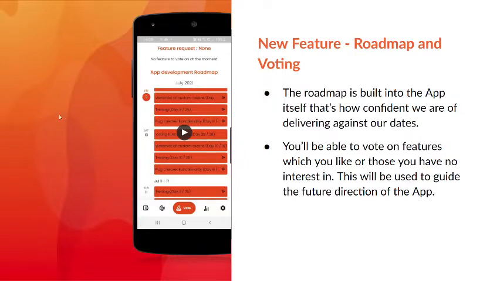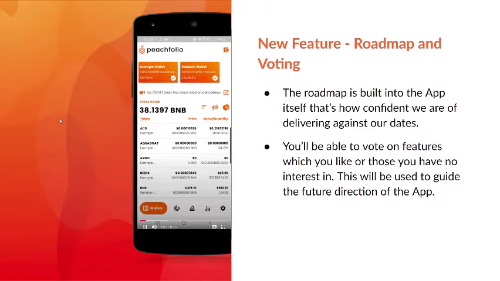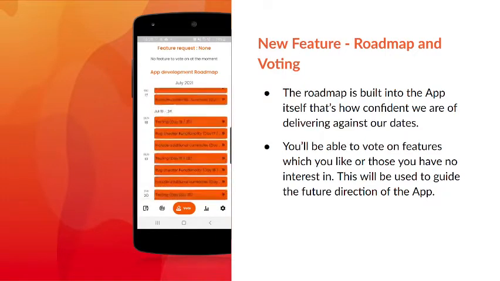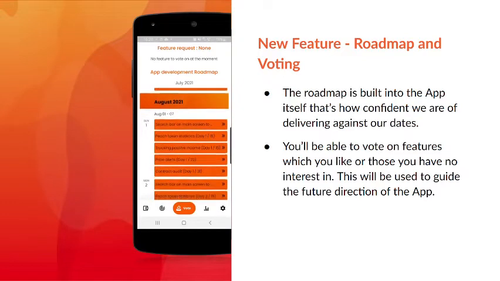So as you can see, and I'm going to show you the video here as I speak, the roadmap will now be built into the app itself. So everybody who uses the app will very clearly be able to see the targets that we are setting ourselves. So that's how confident I suppose we are that we can meet these deadlines. And also you'll be able to vote from time to time on certain features.